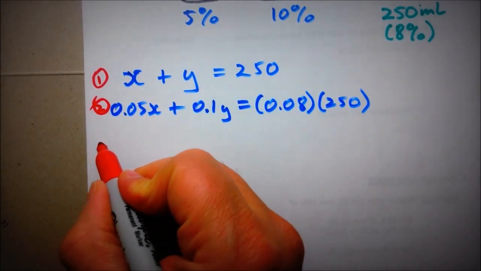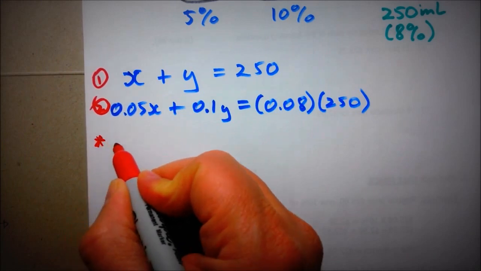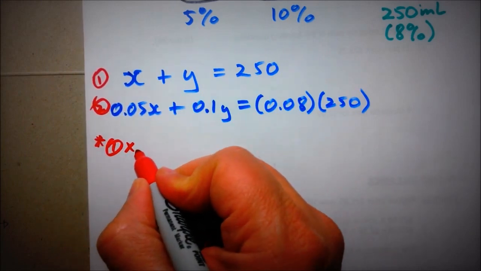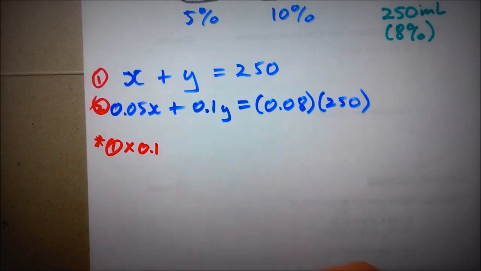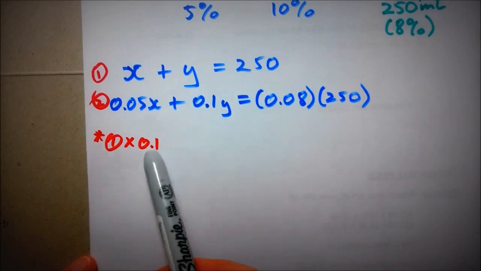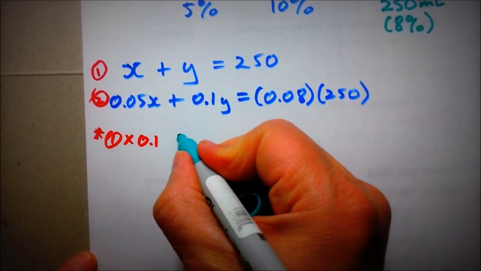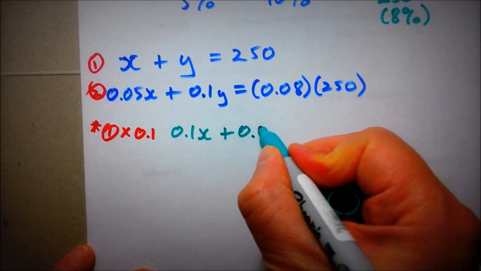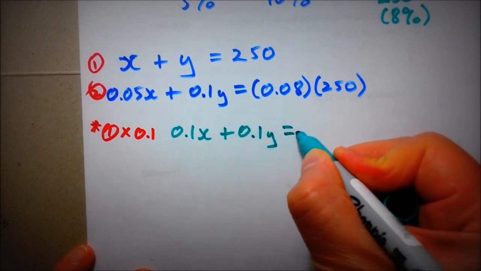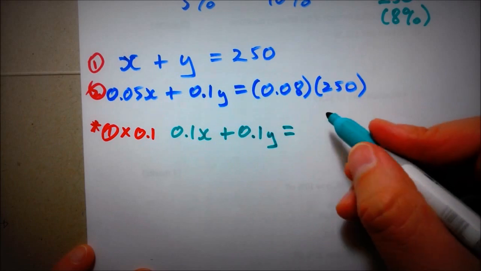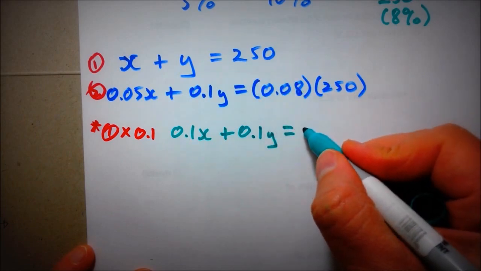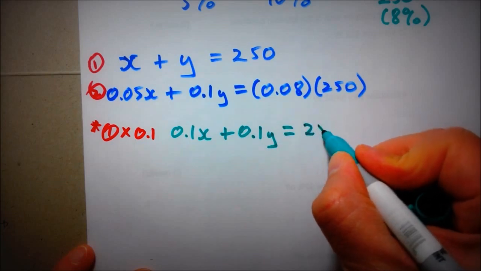Here, I'm going to put a little star, new equation 1, which is going to be 1 times 0.1. I run out of space, so I'm going to rewrite it again. So we end up with 0.1 times x, that gives us 0.1x plus 0.1y equals 0.1 times 250, that gives us 25.